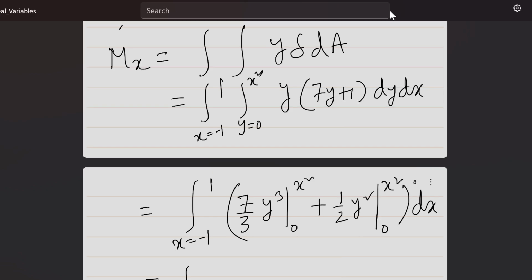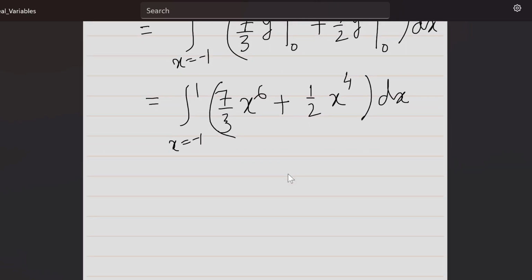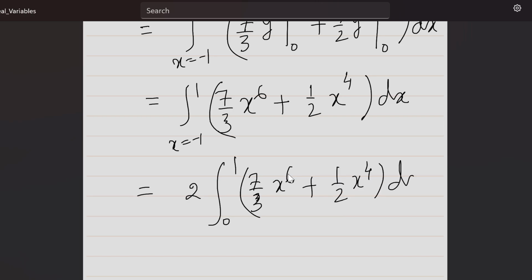So it is the integral from -1 to 1 of 7 by 3 x power 6 plus half x power 4. It is an even function, so it is 2 into the integral from 0 to 1 of 7 by 3 x power 6 plus half x power 4.